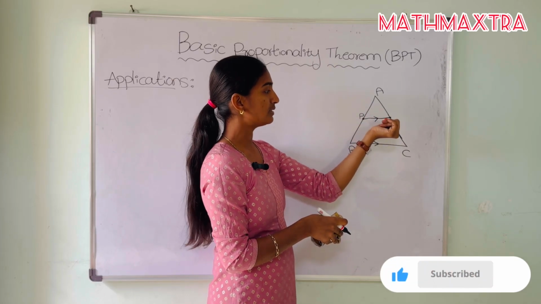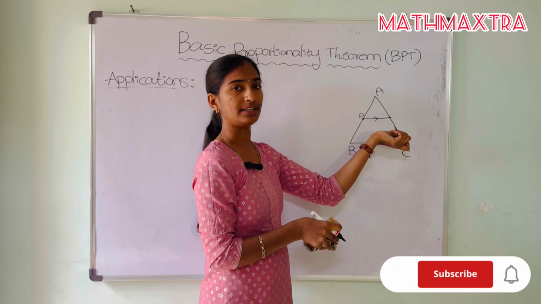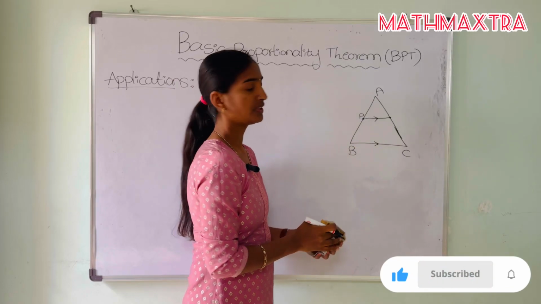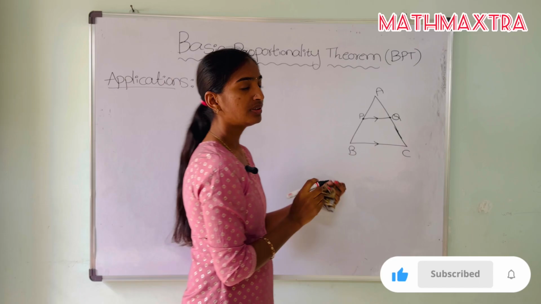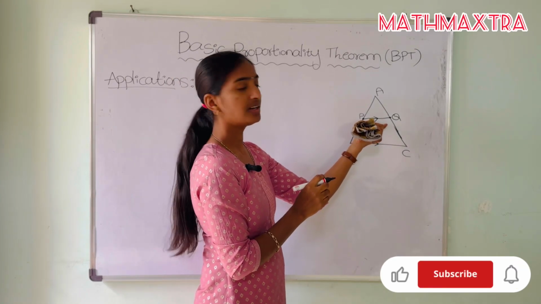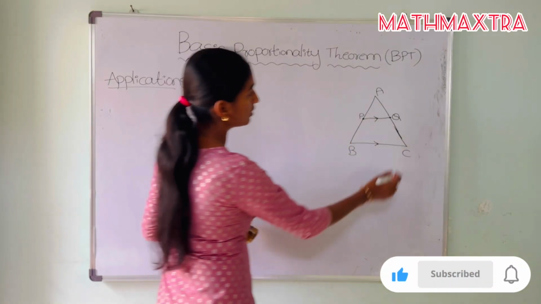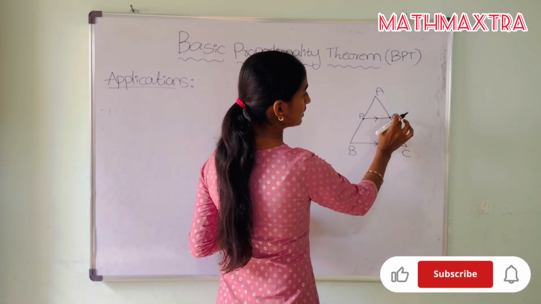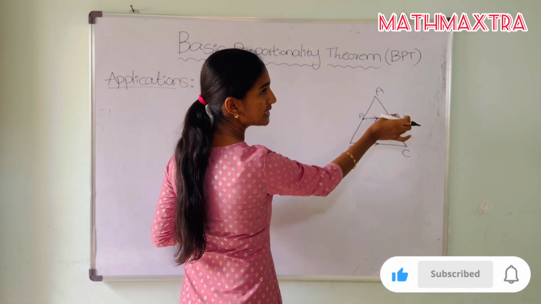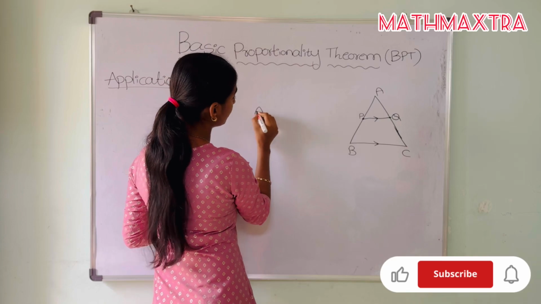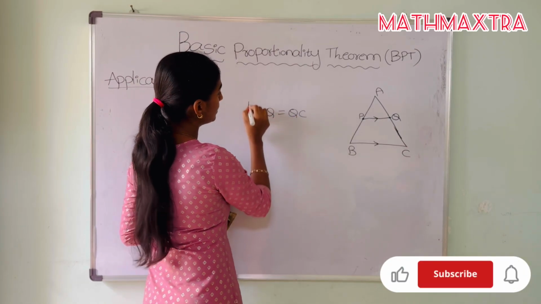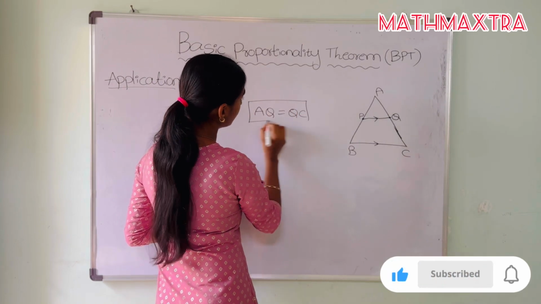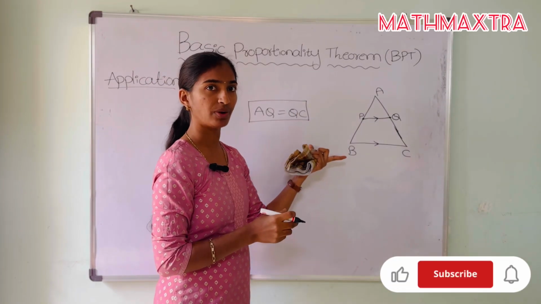It meets the other side exactly at the midpoint of the side. So that is the converse of the midpoint theorem. It is cutting this side exactly at the midpoint, which is nothing but AQ equal to QC. So this result we can obtain from the converse of the midpoint theorem.